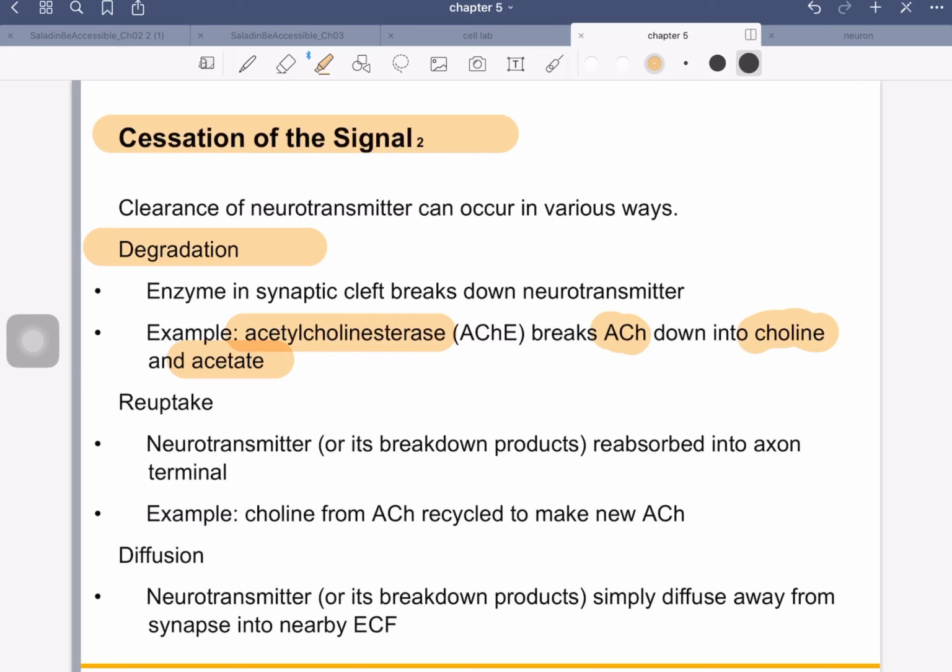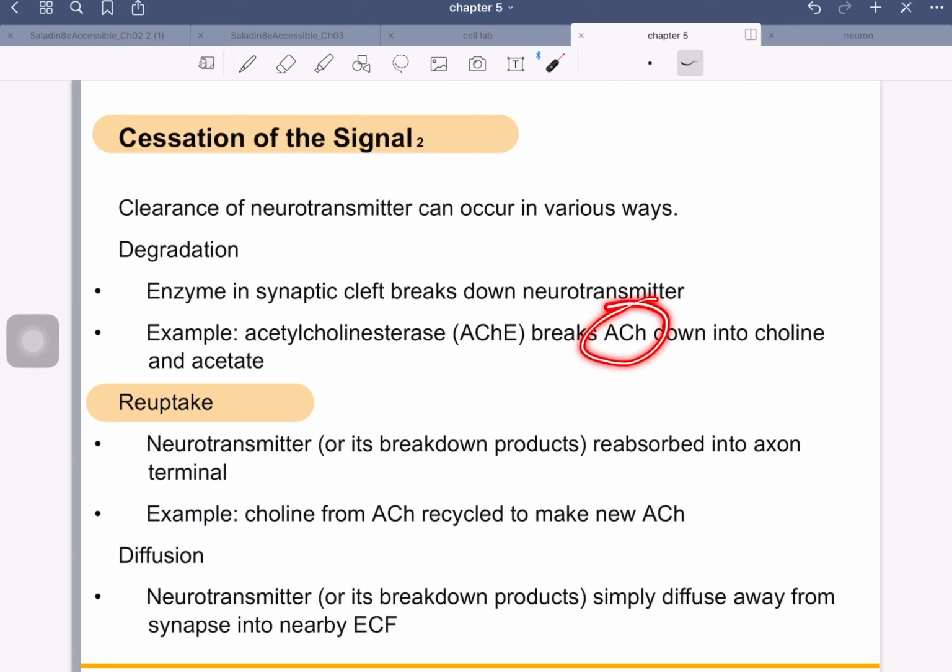The other thing that can happen is reuptake. The neurotransmitter, or its breakdown products, gets absorbed into the axon terminal. And we actually see both these processes can occur: I can break down ACh into its parts, and then part of it gets recycled.